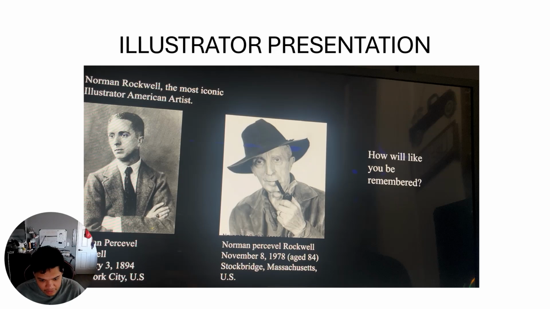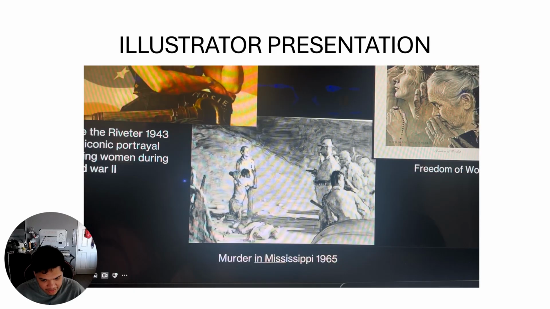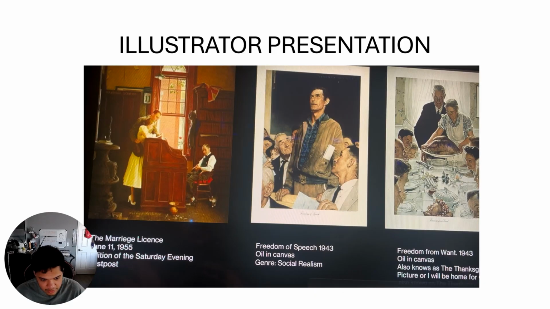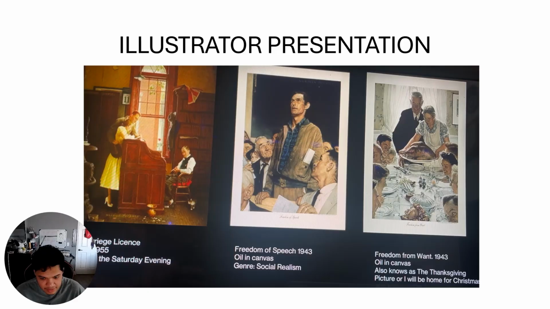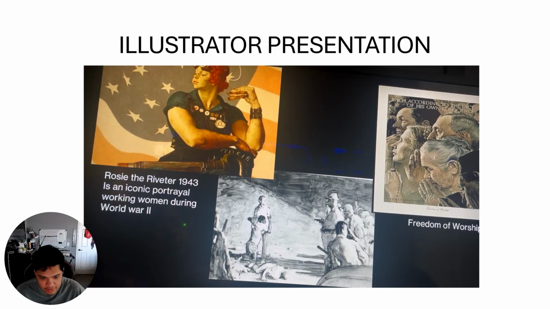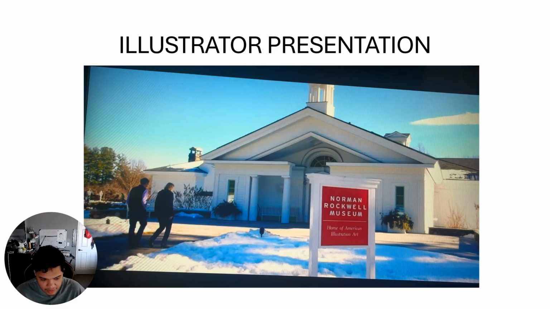He's the most iconic illustrator who created work in the 1900s in Massachusetts, including the marriage license, freedom of speech, and freedom from want, and also the picture of World War II.